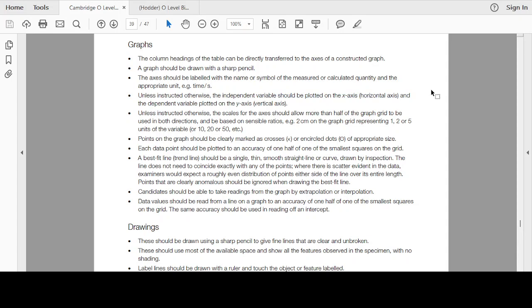So, for example, you want to measure the rate of transpiration, maybe rate of water loss, or rate of photosynthesis, right? And you put up an experiment.